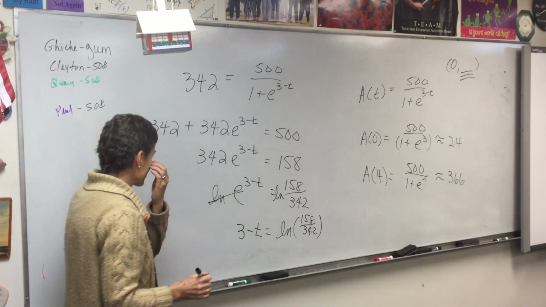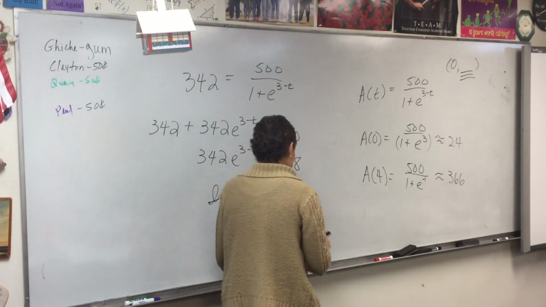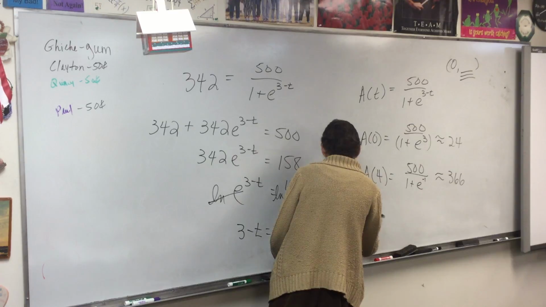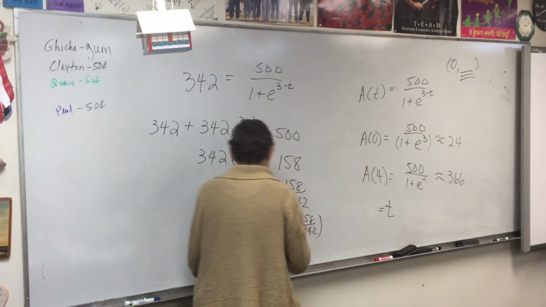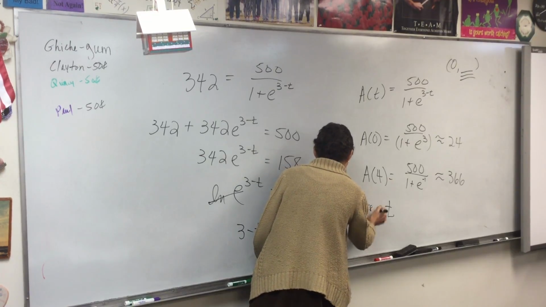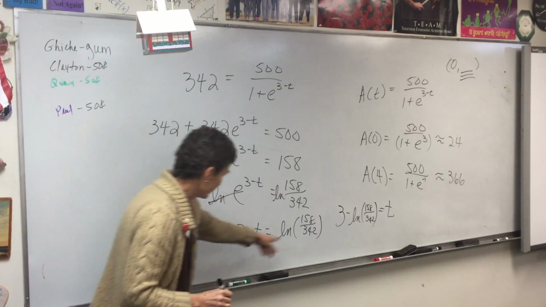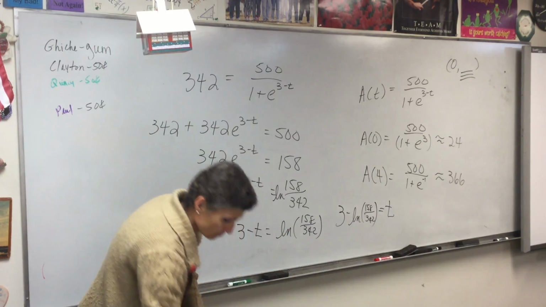Now your job is solving for t. So let's rearrange things a little bit. If we rearrange things, t will be 3 minus ln 158 over 342. I just do a little rearranging there.